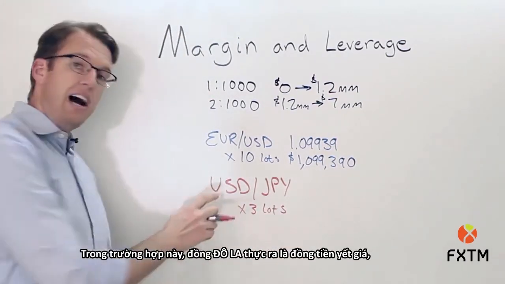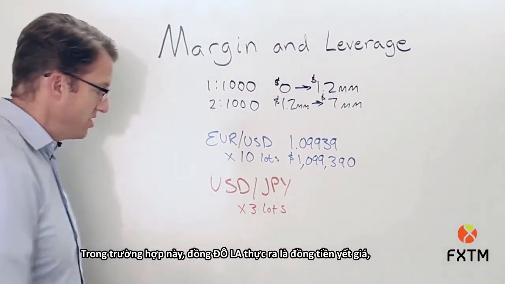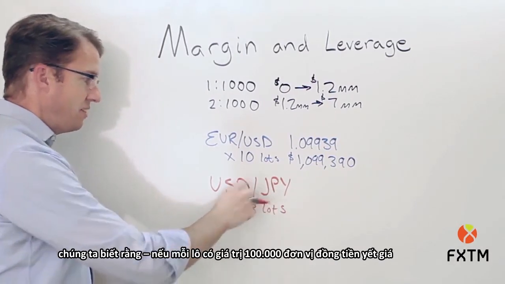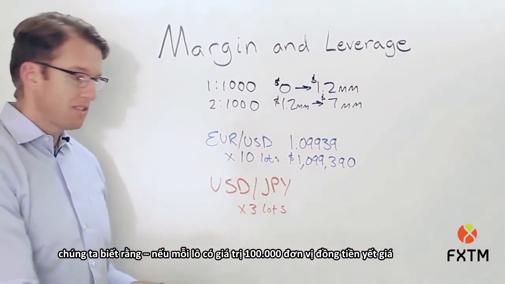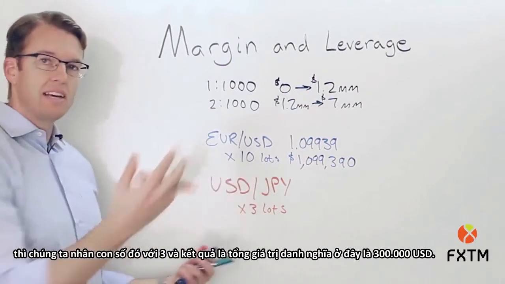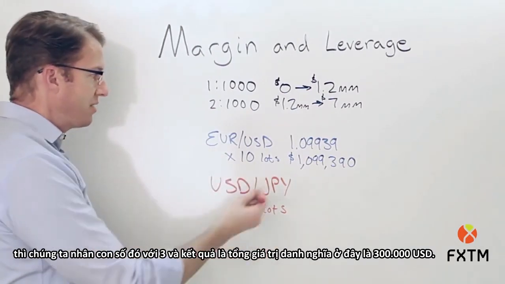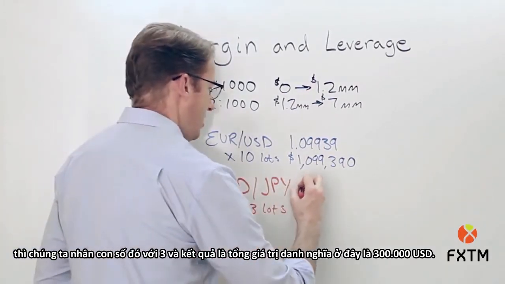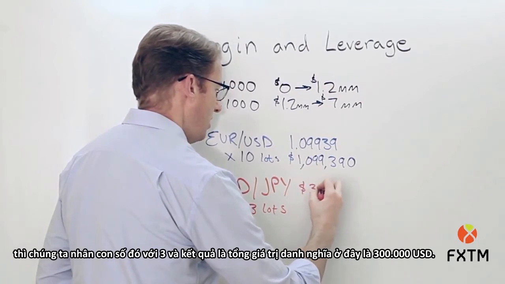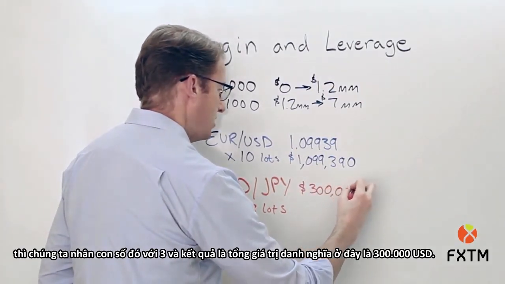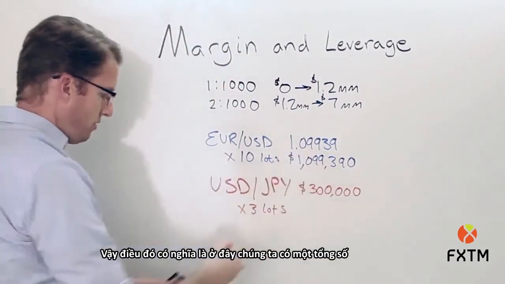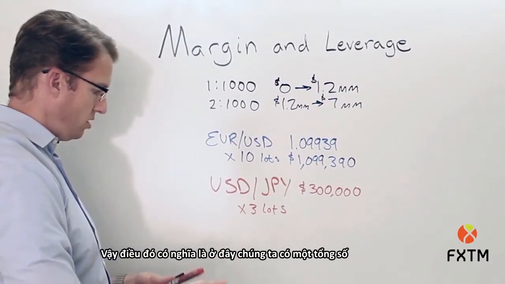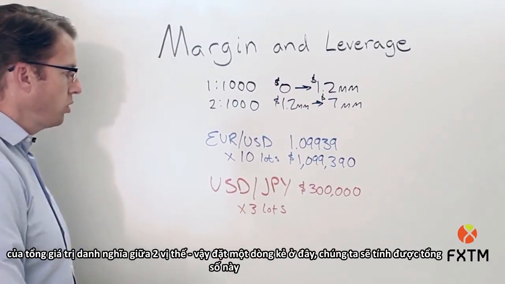Well, in this case, the dollar is actually on the base side of the equation. So if each lot is worth 100,000 units of the base currency, then we times that by 3, and that tells us that we have a total outstanding notional value here of $300,000.